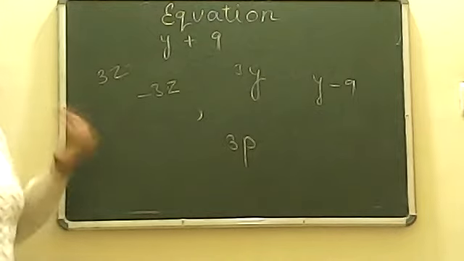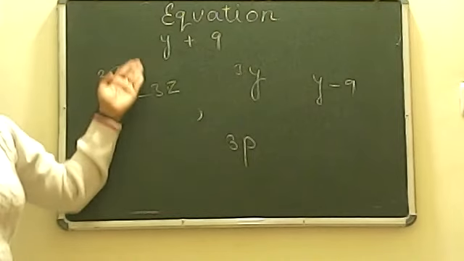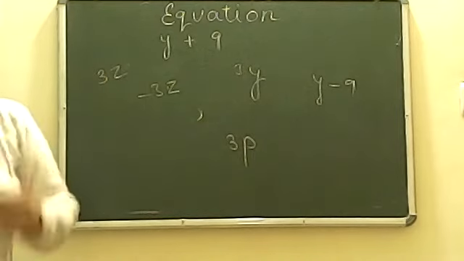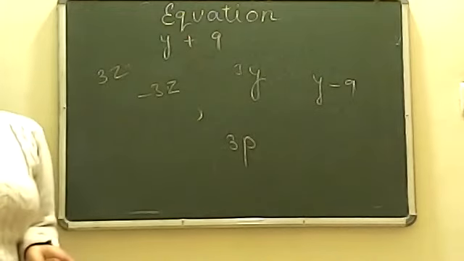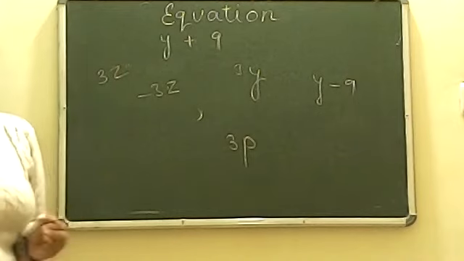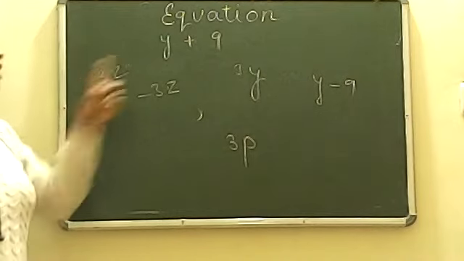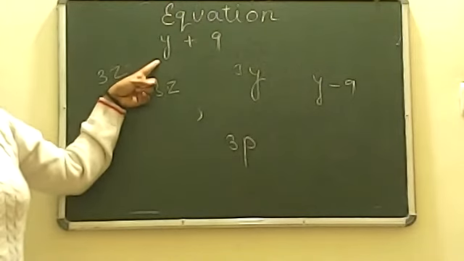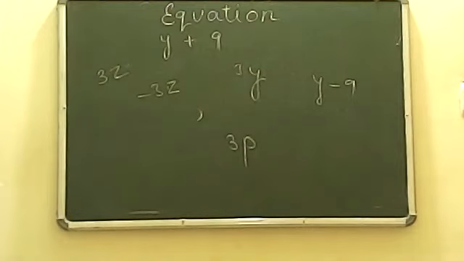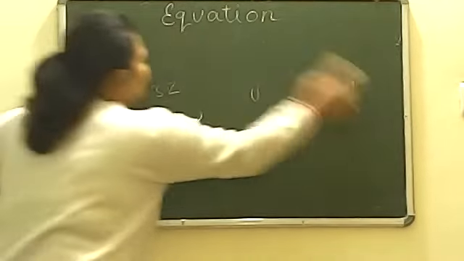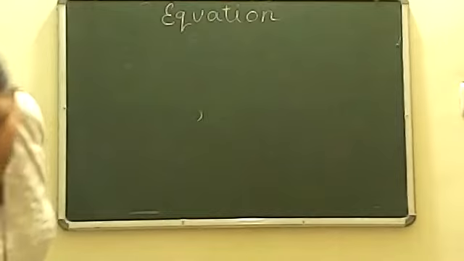For example, 7 more than a number x, 3 times of p. But what is 3 times of p? We don't know. But if I bind this same expression with a condition, then we call it an equation. For a hint, suppose you have to guess a number which is unknown.